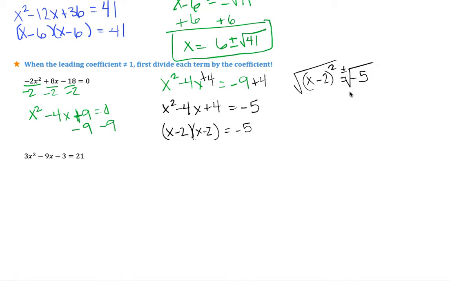Now I'm no genius, but if you put the square root of a negative number into your calculator, it's going to give you an error. That is not a real number, which means this is not a solution. So, no solution for this one.